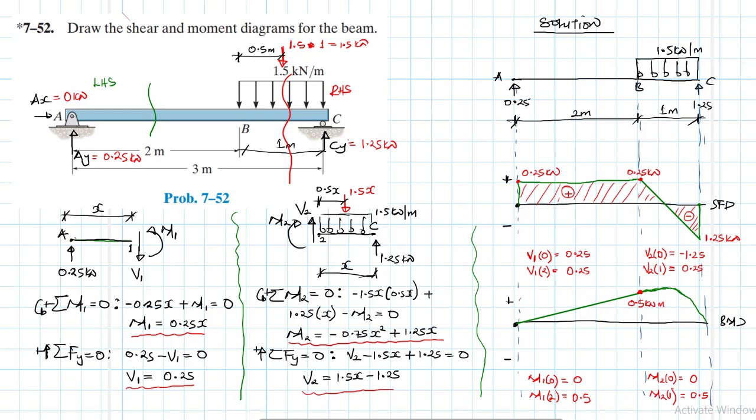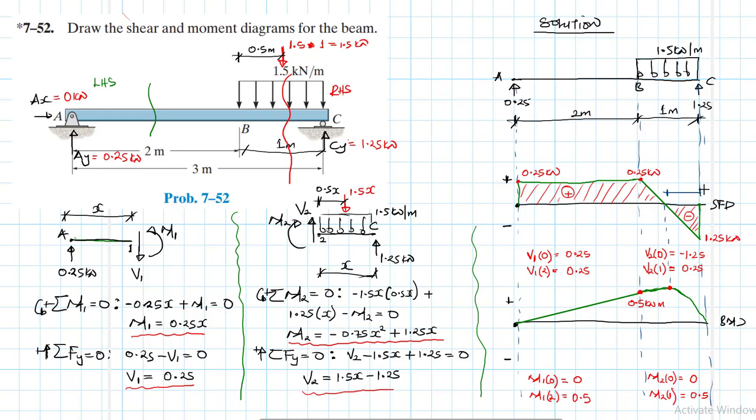And then we have this point where shear is equal to 0. This is going to be our maximum point for the moment. But we need to find this. For us to find this, we need to find the length from C to the point where shear is zero.